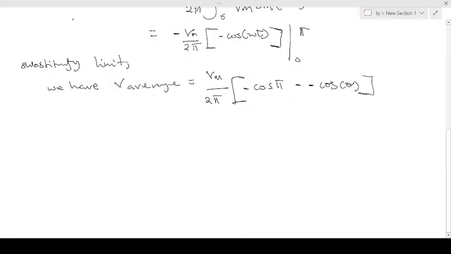Now cos 0 is 1 and cos pi is negative 1.